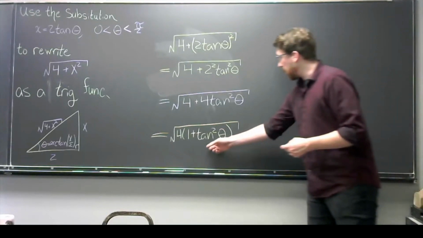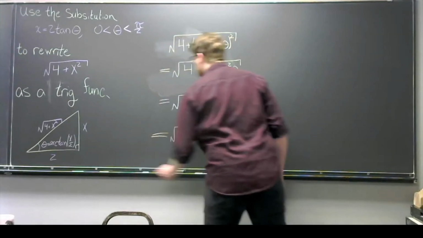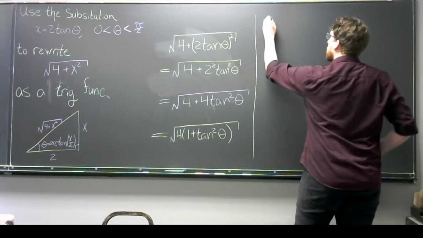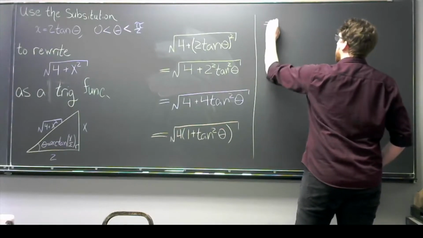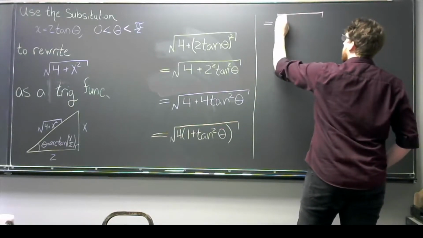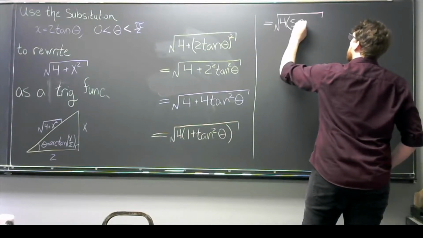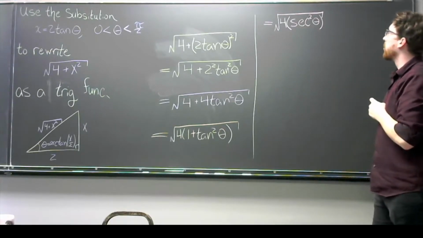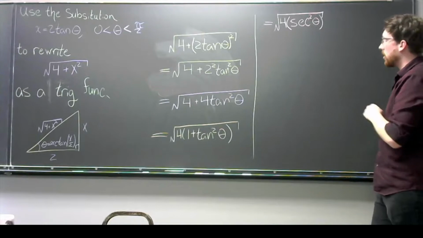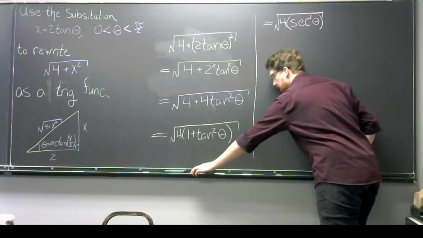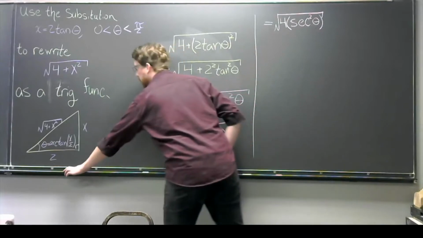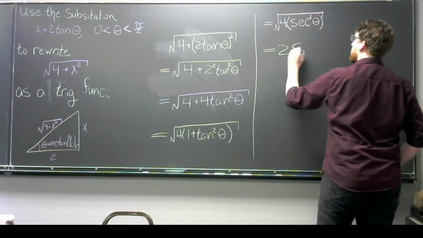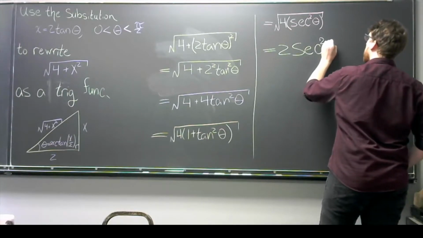So we can replace this with the identity, secant squared of theta. Well, we're taking the square root of all of this, so what we're going to end up with is 2 times secant of theta.